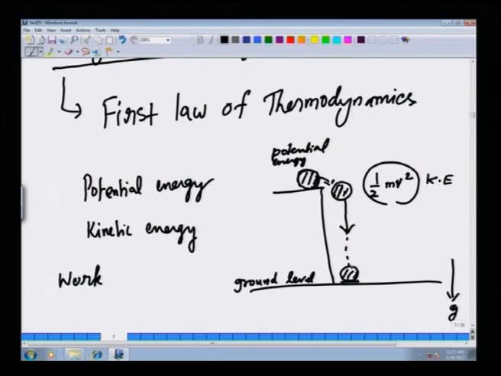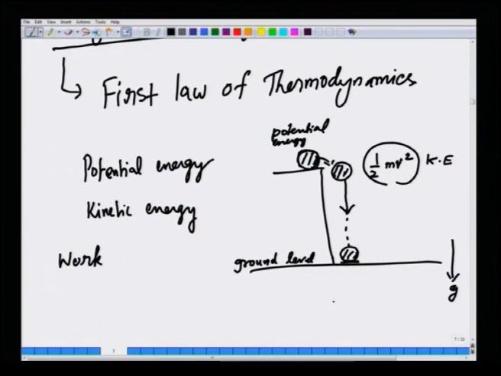That is, you have to apply a force on the sphere over this distance, let us call this distance h, and the application of the force over a distance h amounts to doing work on this sphere, so that you can bring it back to its original elevation. And the force that you apply is exactly mg.